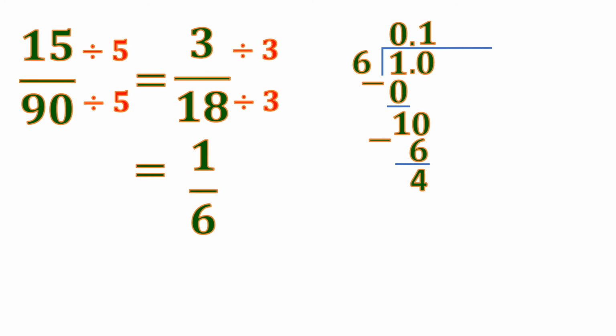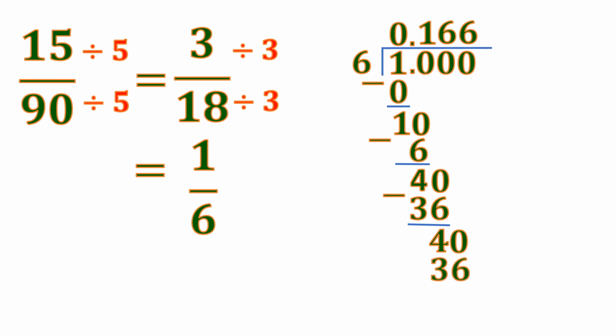And then we continue adding 0 because we have a remainder 4. So bring down 0. 40 divided by 6, it will be 6 because 6 times 6 is 36. Then subtract 40 minus 36, it will be 4. Then continue by adding 0. Bring down 0, so 40 divided by 6 is again 6. 6 times 6 is 36.